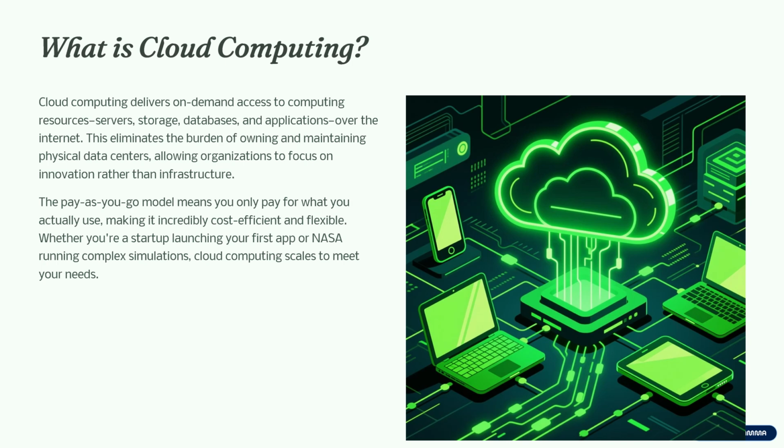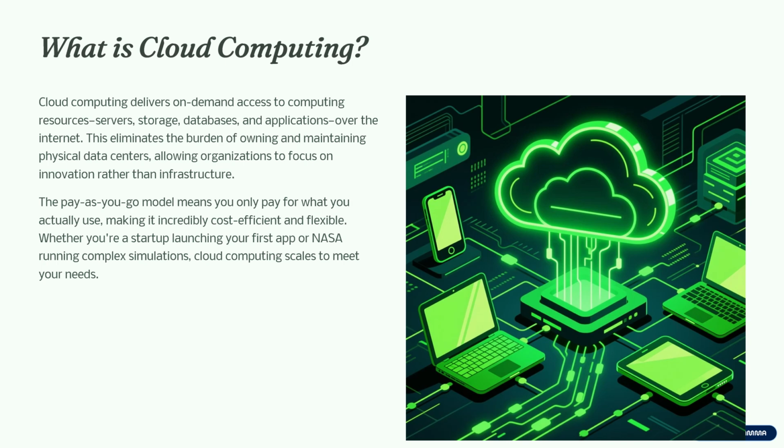Cloud computing offers three major benefits: scalability, reliability, and cost efficiency. Scalability means we can instantly add or remove resources on demand. Reliability means redundant data centers keep our apps running 24/7.